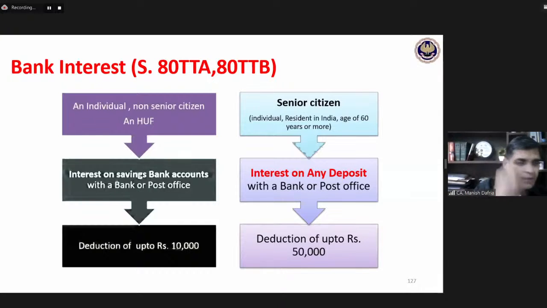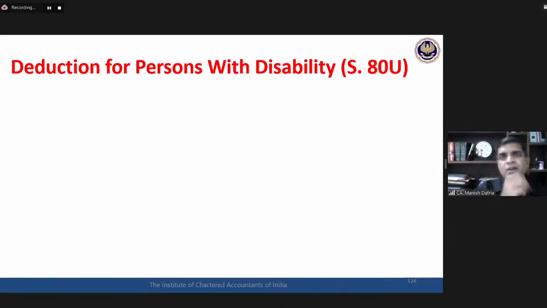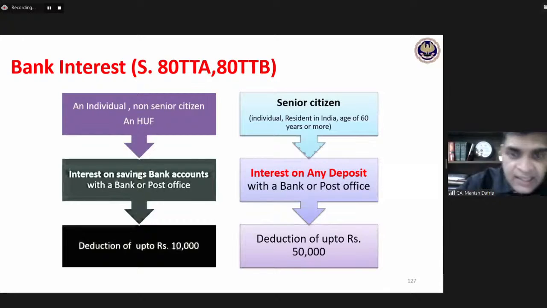And then the last part of our discussion, that is the section 80U, the last section, deduction available from gross total income. Very interesting query. For 80TTA and 80TTB, interest has to be from a bank or from a post office.